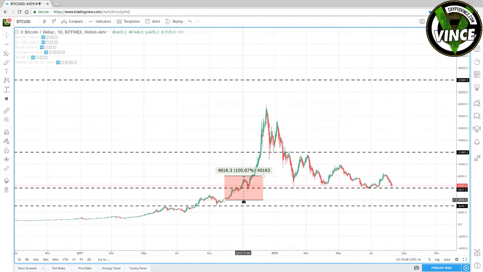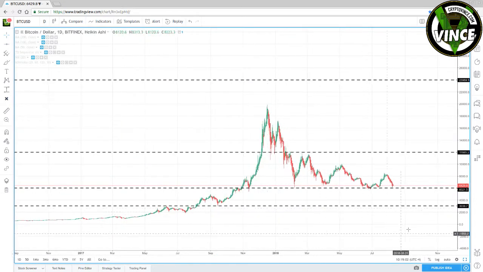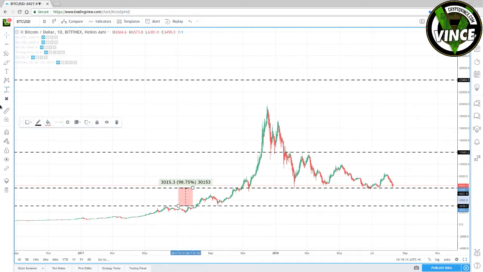So in linear scale, those levels, I just double them. So if I double, every level should be a 100% increase, right?